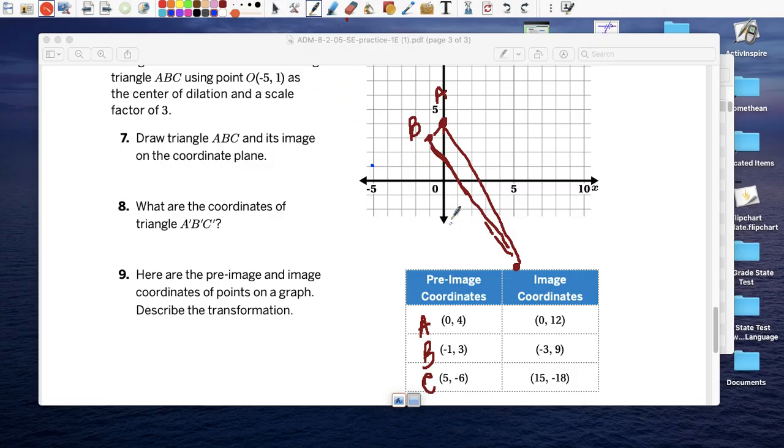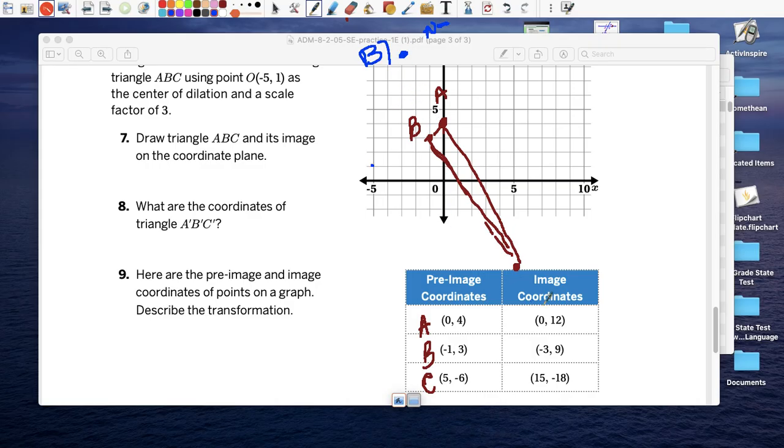So now A prime is 0 and 12, which is somewhere over here. And B prime is negative 3, and positive 9, which is 1, 2, 3, 4, 5, 6, 7, 8, 9. So over here. Here's B prime.